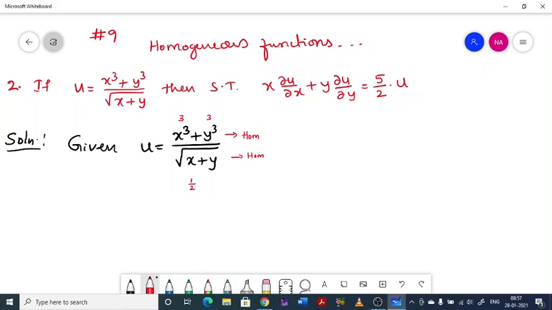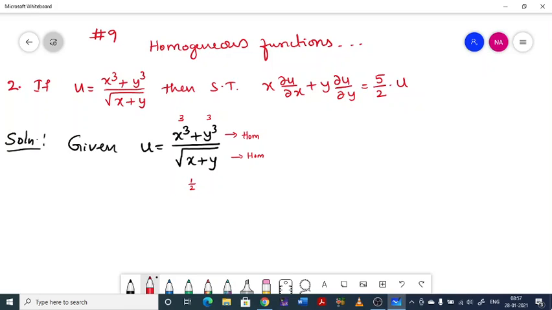I have given 2 notes in the previous class. You have to keep that in mind. That helps you to find the nature of the function here. Both numerator and denominator are homogeneous, which means the given function will be homogeneous. So u is homogeneous.